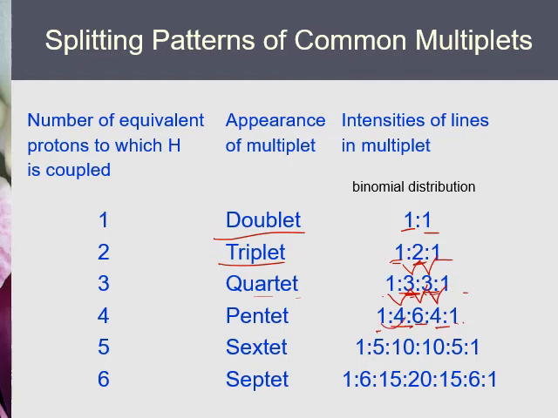So 1 plus 4 gives you 5, 4 plus 6 gives you 10, 6 plus 4 gives you 10, 4 plus 1 gives you 5, and this is called a binomial distribution.